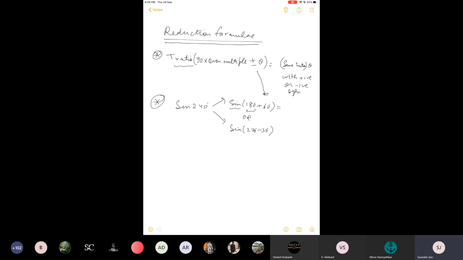Now according to this rule, same t ratio will be there. Here it is sine, so sine will remain, and whatever angle is there in place of theta, that will come. So in this way it will be reduced. Initially it was 240, now it is 60. However, one more thing is remaining, whether to write it as plus sine 60 degree or minus sine 60 degree.